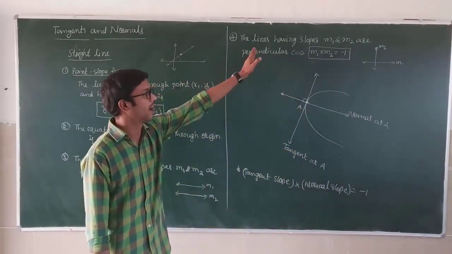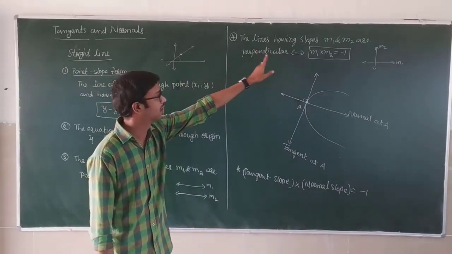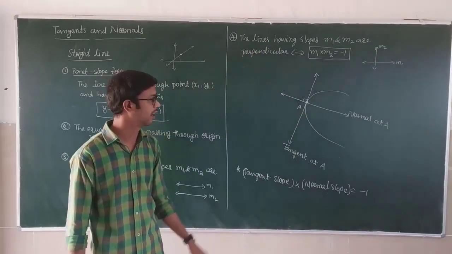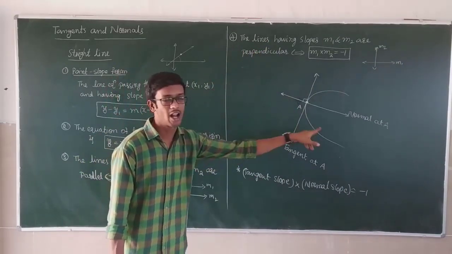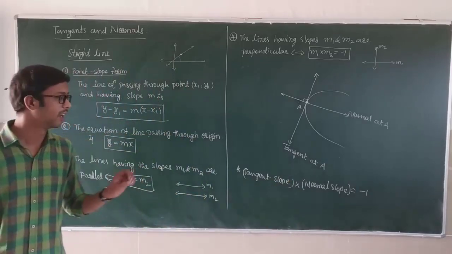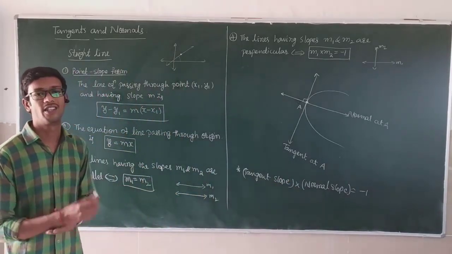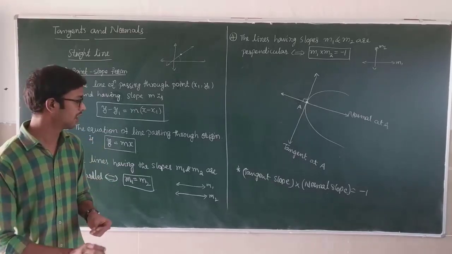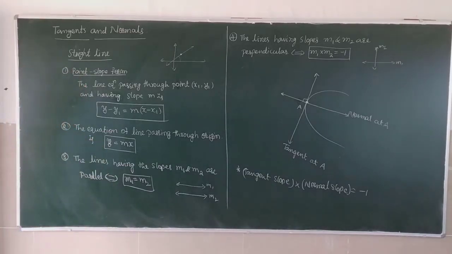Why? Because if the product of the slopes is equal to -1, then the two lines are perpendicular. Here tangent and normal are perpendicular lines, so we can write the product of the slopes is equal to -1. Next, the tangent equation and normal equation. Pause the video to note it down.